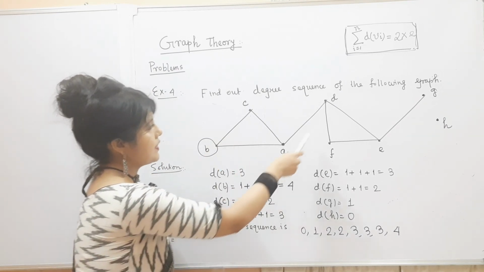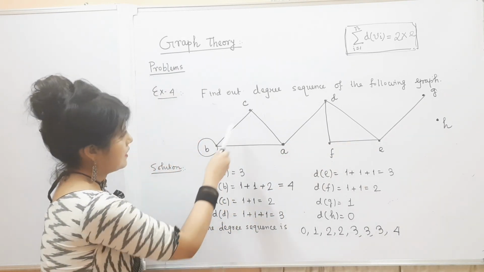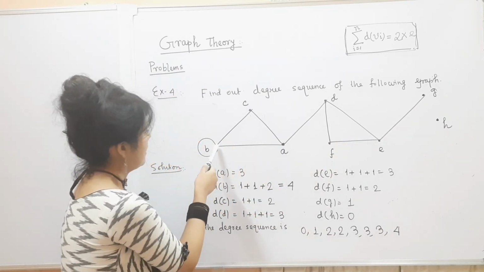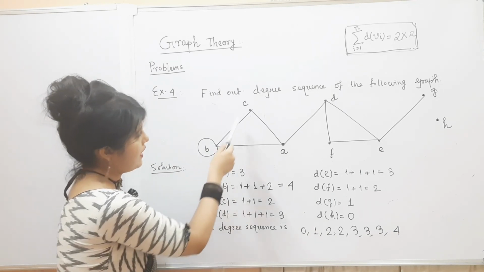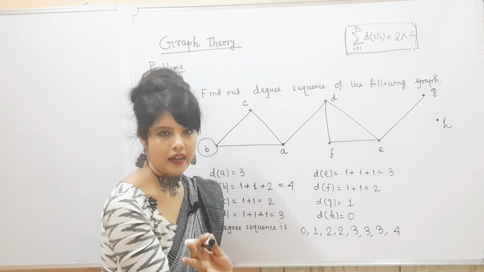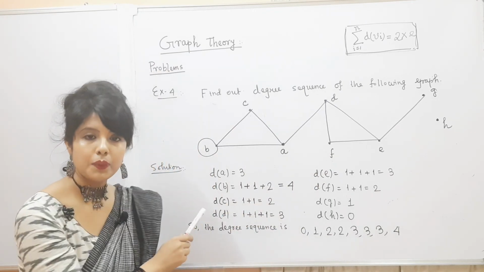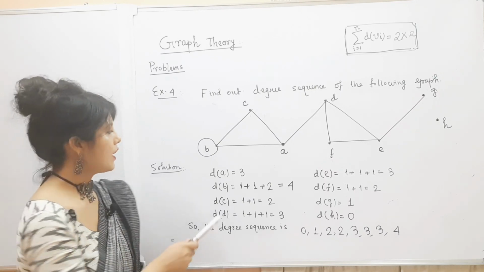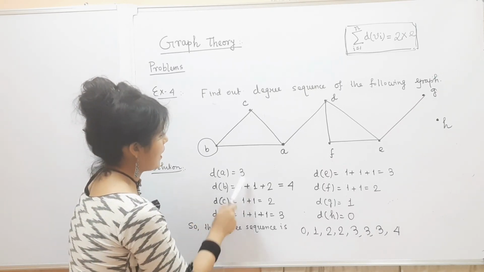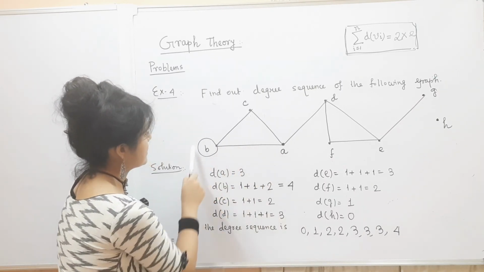A graph is given to you, and there is a loop at vertex B only, and there are no other loops or parallel edges. If there is a loop, then the degree should be calculated as 2. That is for B, 1 plus 1, and this is 2.